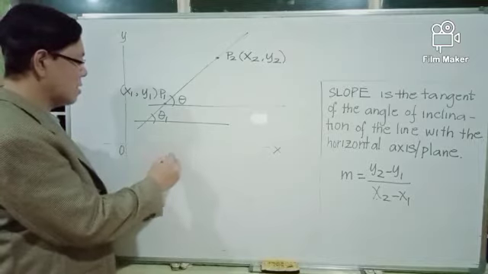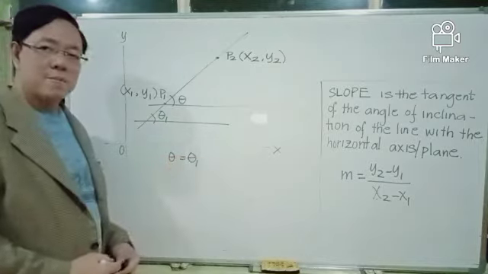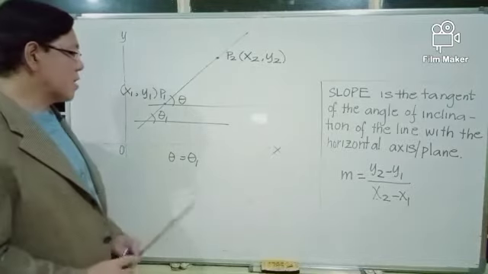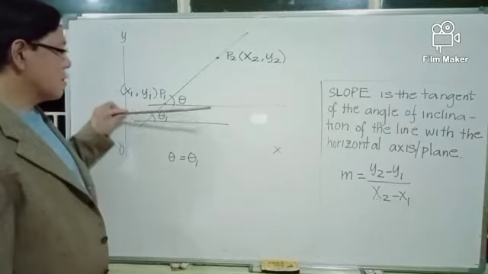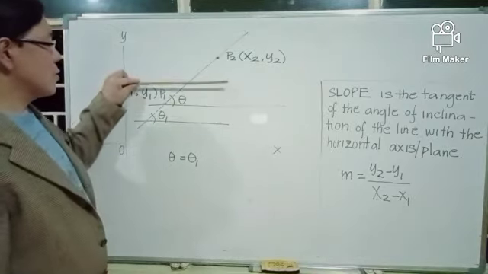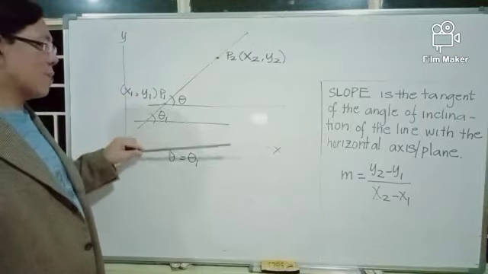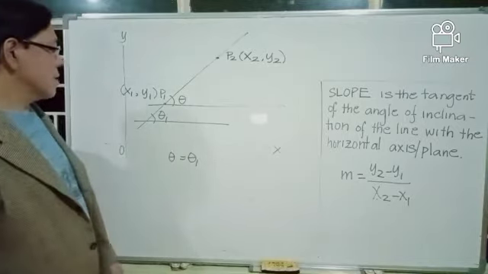But the angle theta is equal to the angle theta 1. This means that the angle of inclination of the line is the same, regardless of the line you draw, intersecting the given line and parallel with the x-axis or horizontal axis.